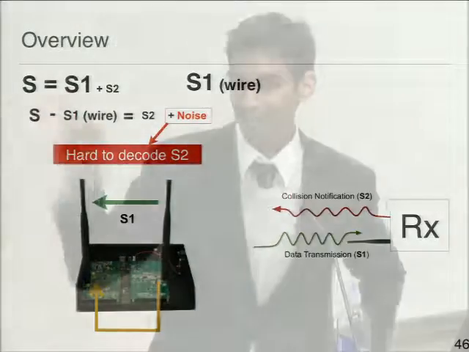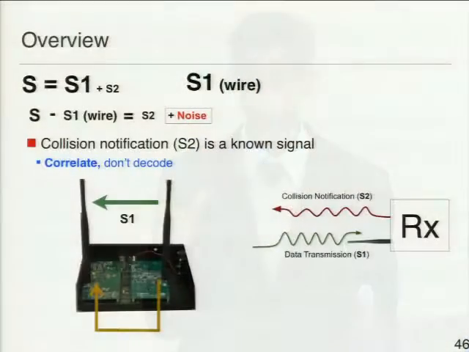Now when we faced this problem, we had an idea. And the idea was S2 need not be an unknown signal for this transmitter. The receiver can very well send its MAC ID as the collision notification, and because the transmitter knows its MAC ID, it need not decode for it, it can correlate.